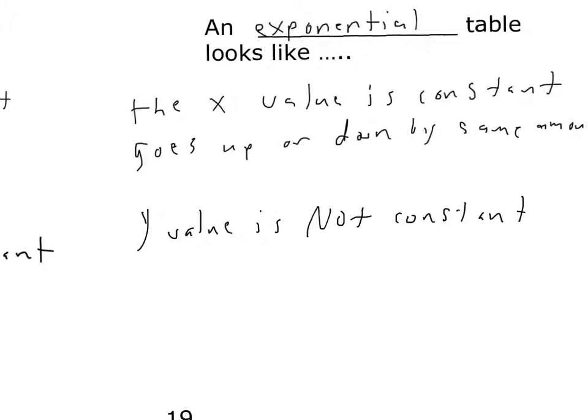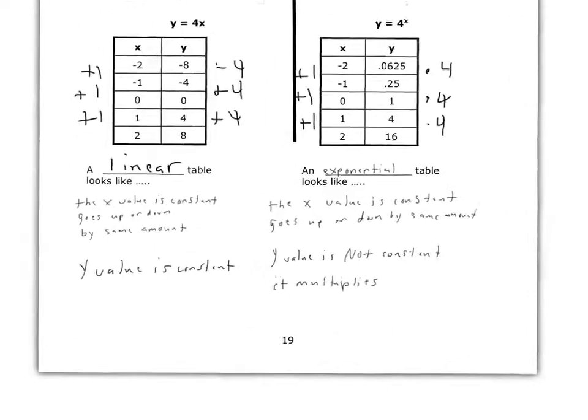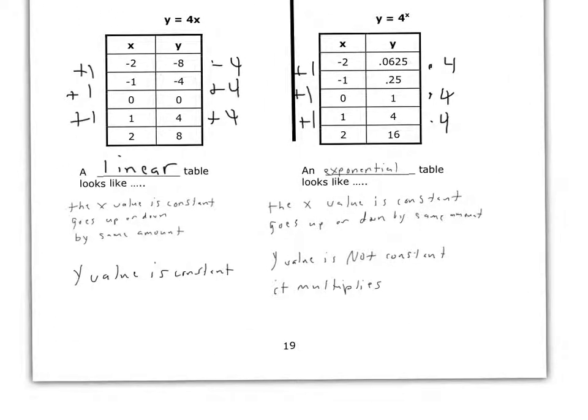When you have an exponential table, it multiplies. I know this is a lot to write down. So your y value is not constant, it multiplies. You need to be okay with that, so make sure you take a second to write. Let's take a look at a few examples on the next page.